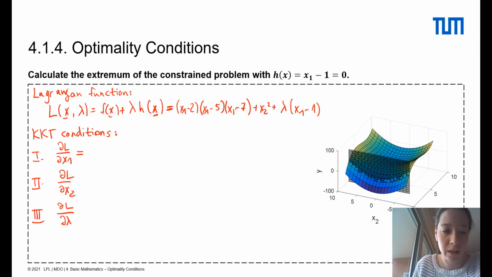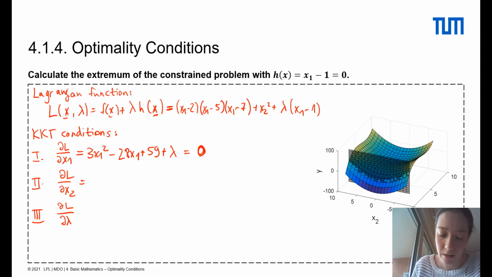So dL over dx1 is the derivative of f with respect to x1, and then plus the derivative of lambda times h with respect to x1, which is lambda in this case, and that has to be 0.